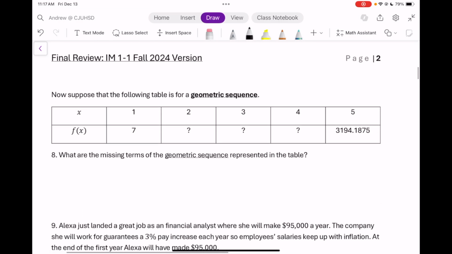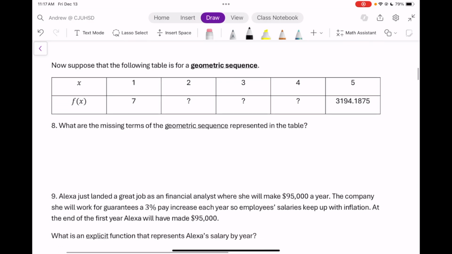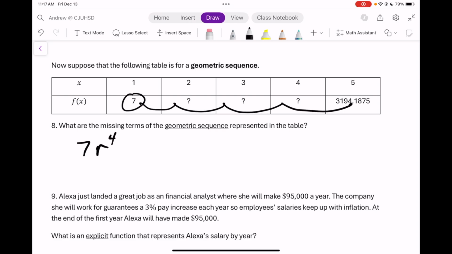Now, when we get to a geometric sequence, it's a little bit different. So we start with the first term. We look at how many jumps we have to take. 1, 2, 3, 4. So that's the common ratio 4 times. And that's supposed to equal 3194.1875.